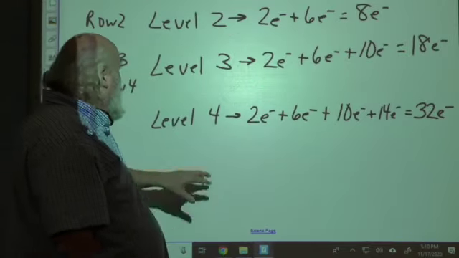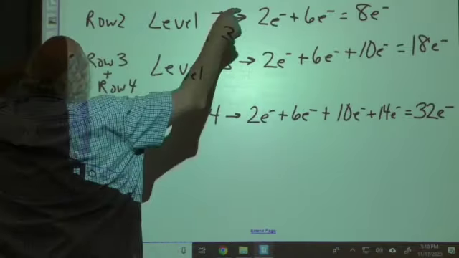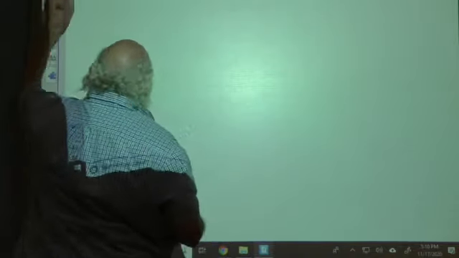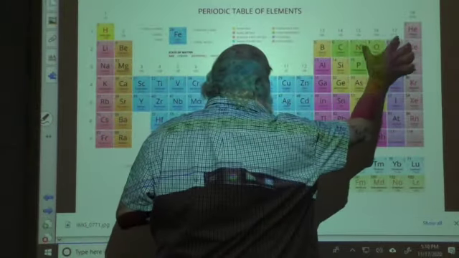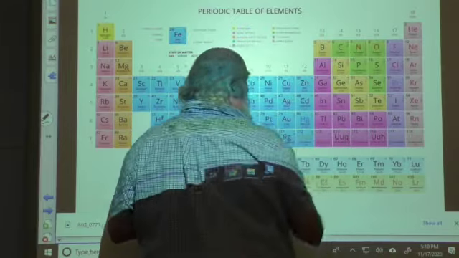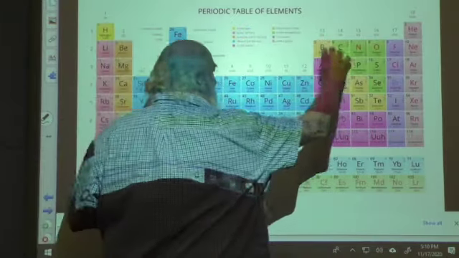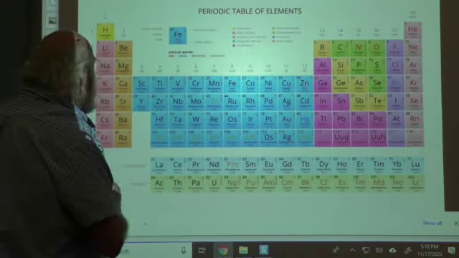Then, this 6 here, this 6 here, that 6 there, are found in this block of 6 right here. There's the first 6, there's the second 6, there's the third 6. So that's level 2, level 3, level 4 of those 6 electrons.